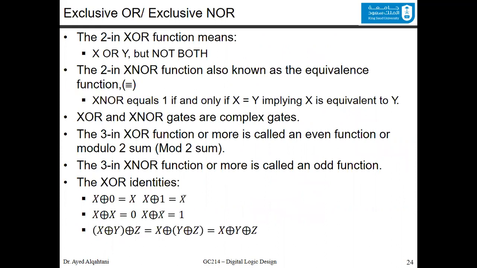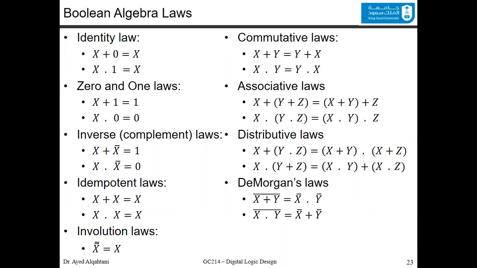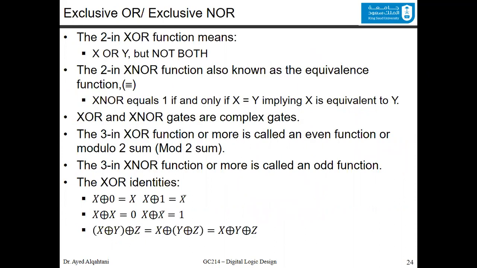As an example for manipulating the Boolean algebraic law, we have the exclusive OR and the exclusive NOR. The two input XOR function means, as we mentioned, X or Y, but not both. Also, the two input XNOR function, also known as the equivalence function.